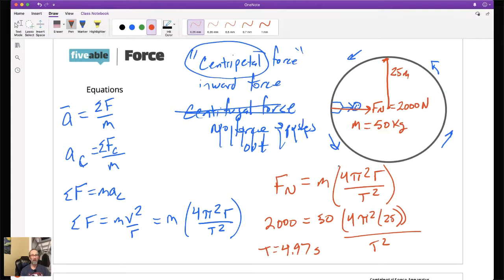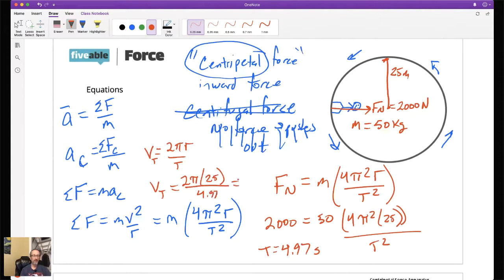That'd be pretty quick. The question is, how quick is it? So we can find that very easily because we know that the tangential velocity is equal to 2 pi times the radius all over the period. We just found the period, so let's figure it out. That's equal to 2 times pi times our radius, which is 25, and then we're going to divide that by 4.97.